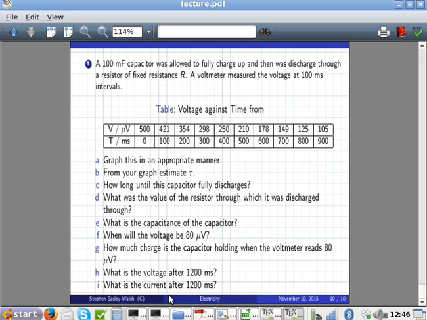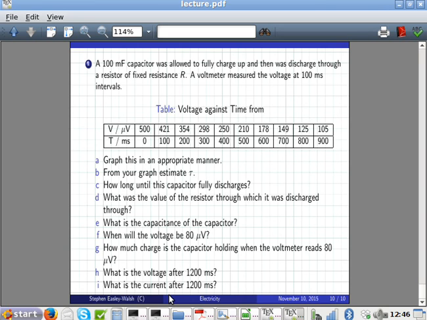What's the base? 100. Yes, 100. 0 to 100. Can you see that, Amanda? Here to here is 100.